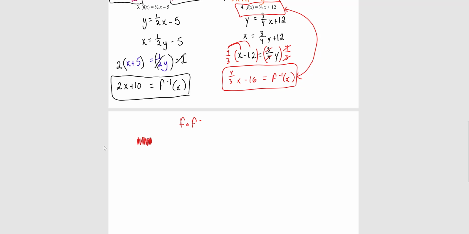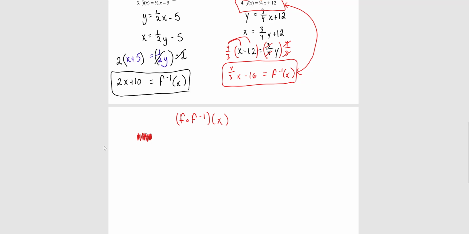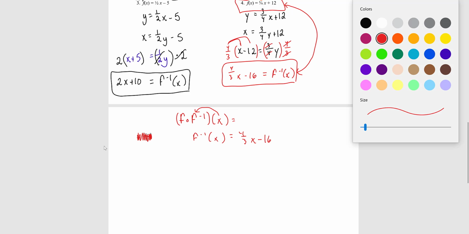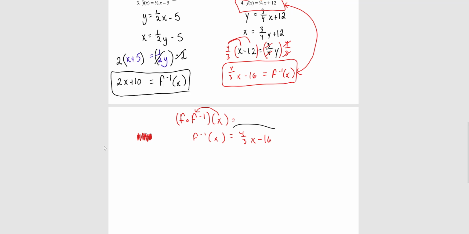So f of f inverse, let's do that first. So this means we're going to substitute x into the inverse function first. And that, of course, gives us 4/3 x minus 16. And then we're going to take this binomial and plug it in for the f function.